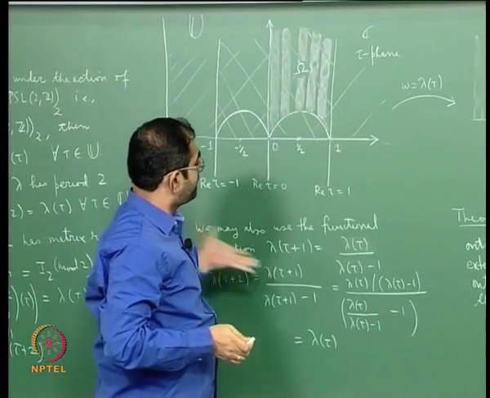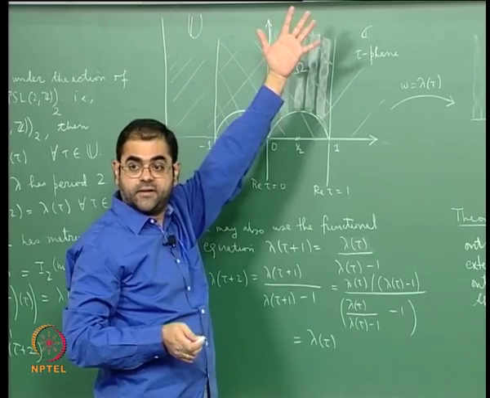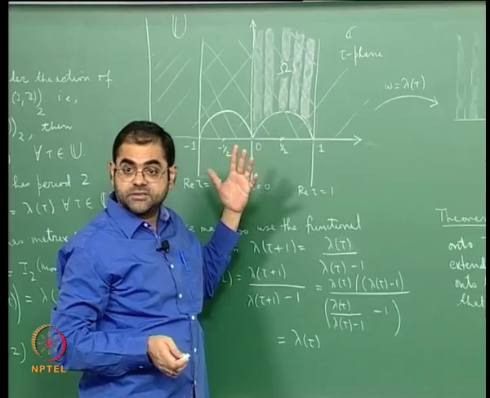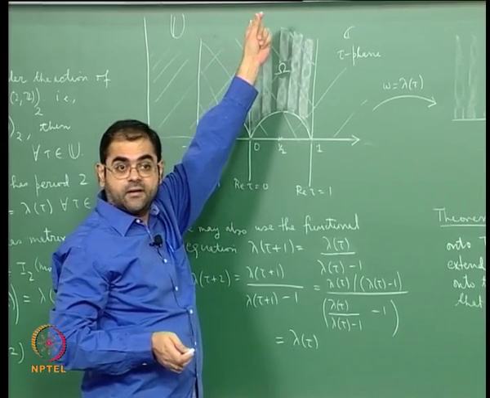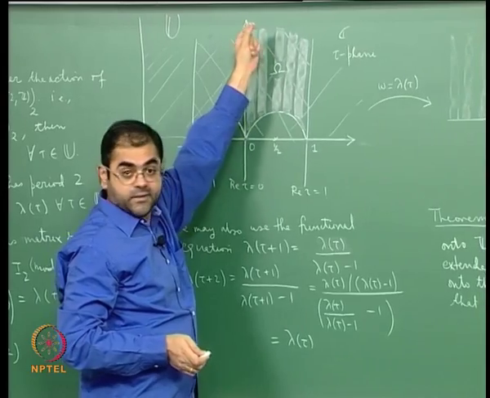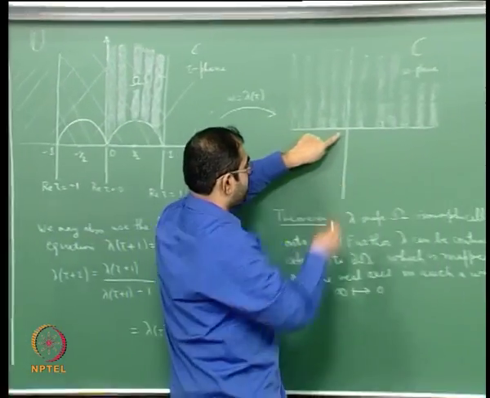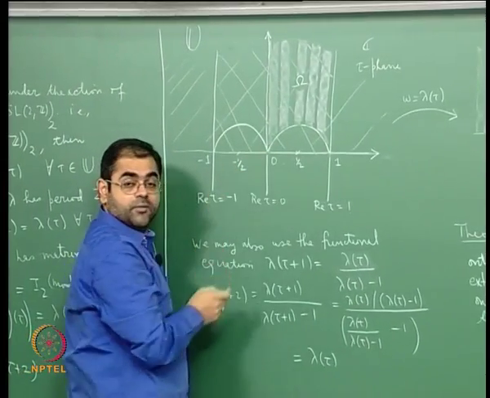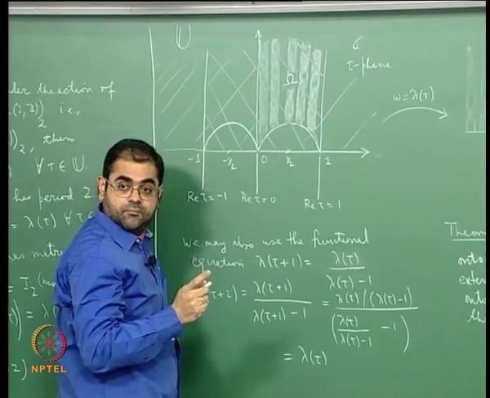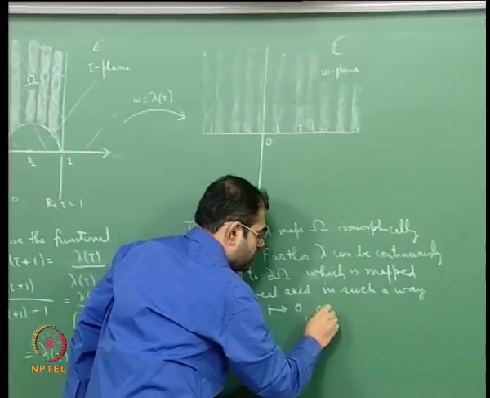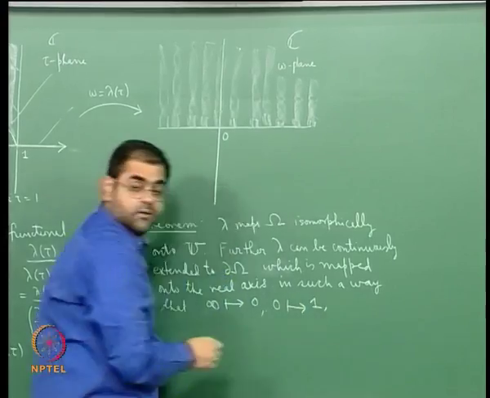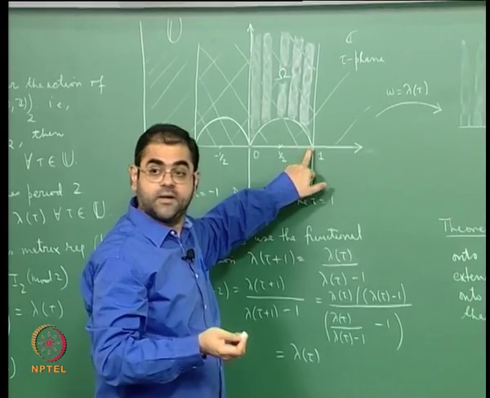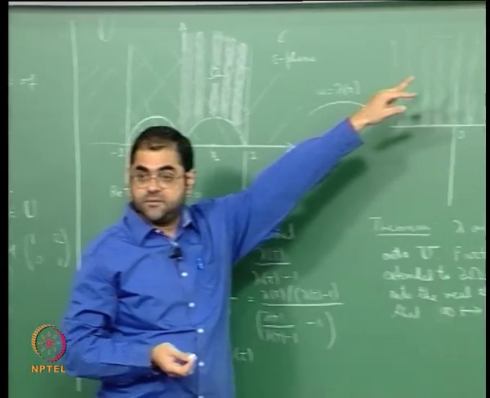So on this complex plane there is a point at infinity, which you must actually think of via the stereographic projection as the north pole, okay. That point goes to 0. Then the point 0 goes to 1, okay. This 1 here will go to the point at infinity, okay.